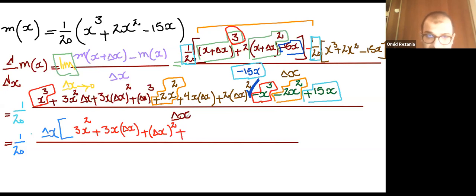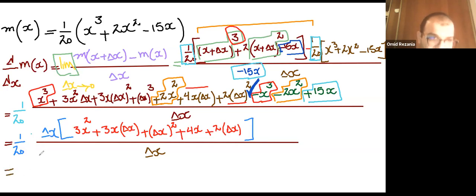Then I'm left with plus 4x, which is for this term. Its delta x is factored out. Then I have plus 2 delta x, which is this term. One of its delta x is factored out. Minus x cubed is gone. Minus 2x squared is gone with similar terms. And plus 15x also is gone. Then it seems that I have an easy life now, because I have fewer terms. And at the end, I checked the denominator, still I have delta x.